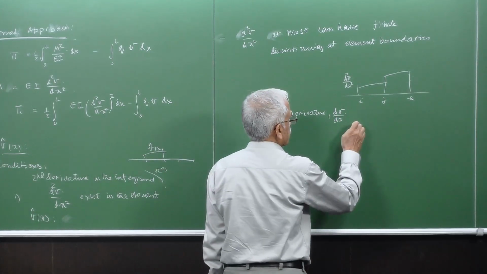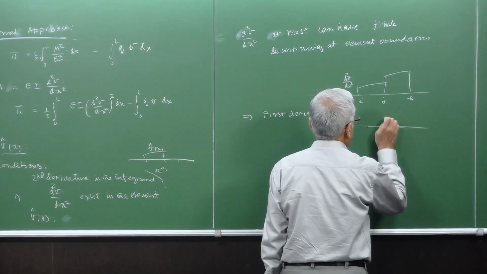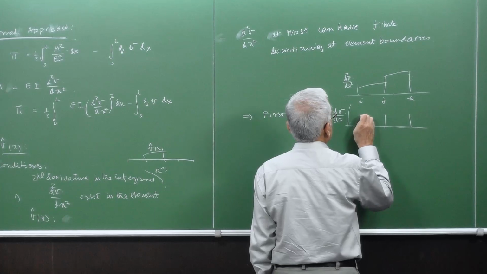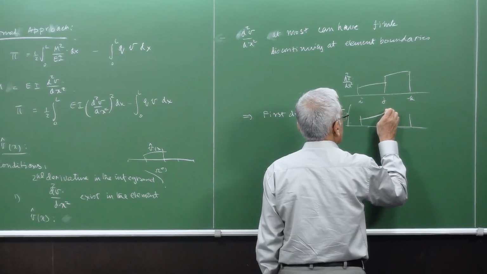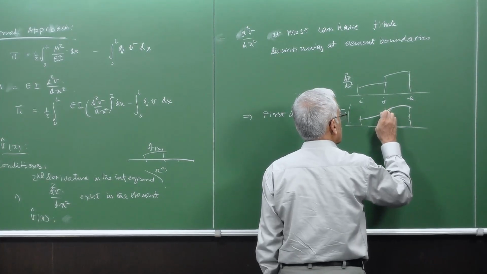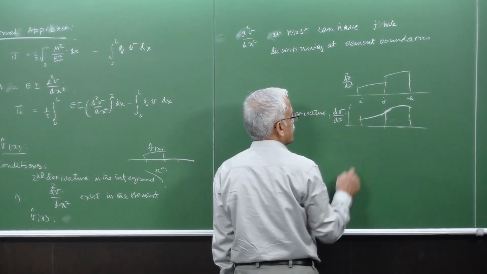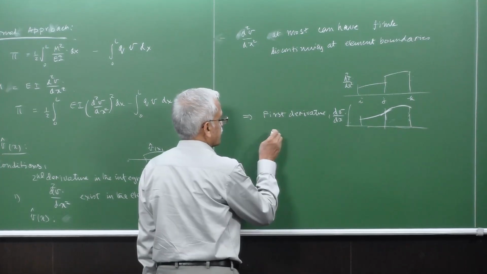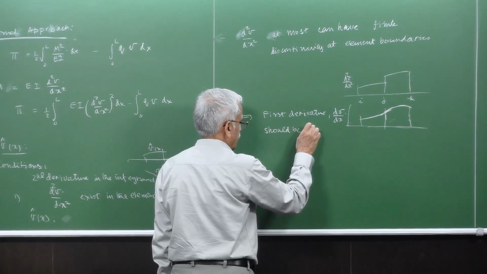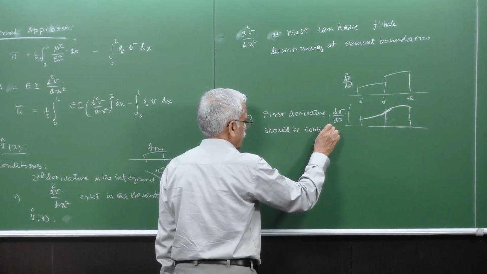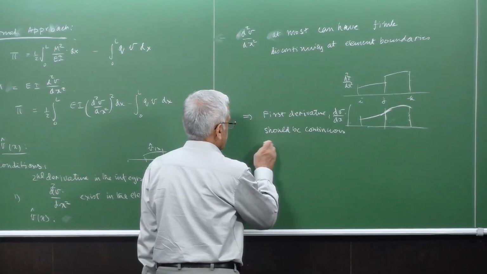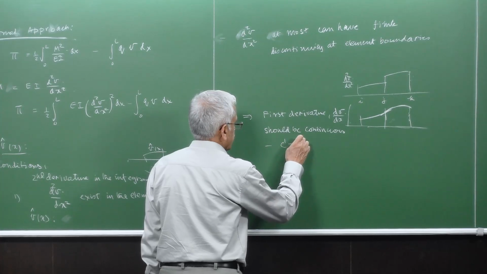So you can see here, this dv by dx should be continuous. Continuous like this one, right? Which is called a C1 continuous element.